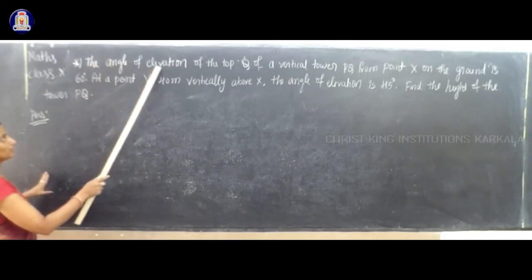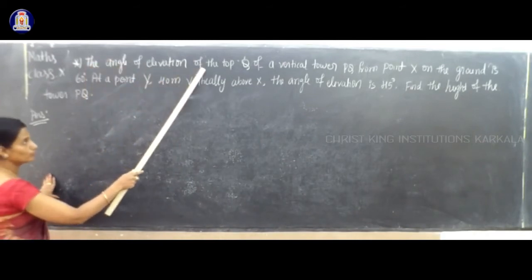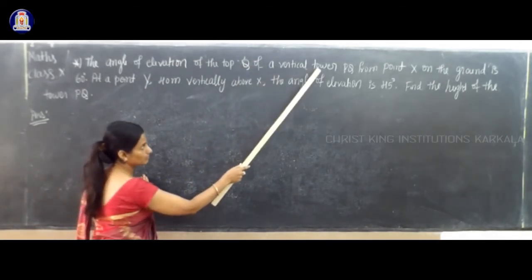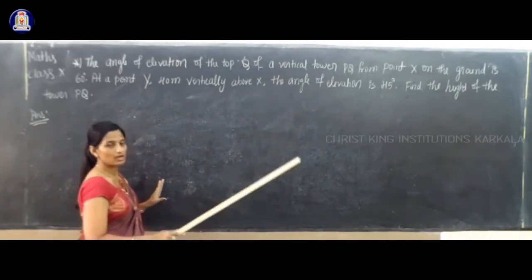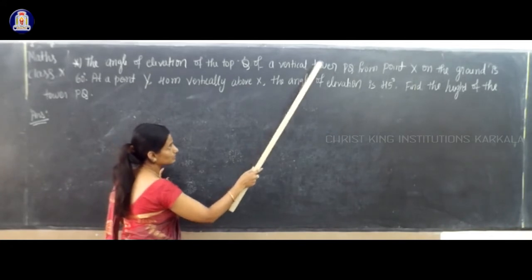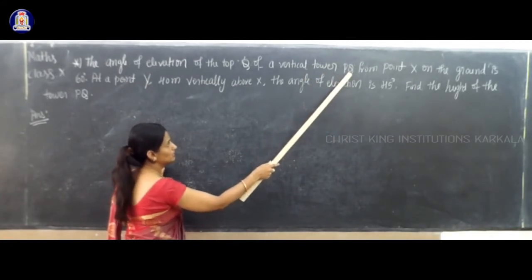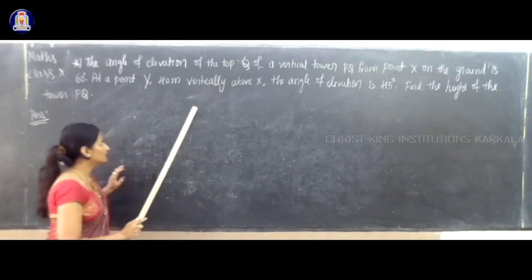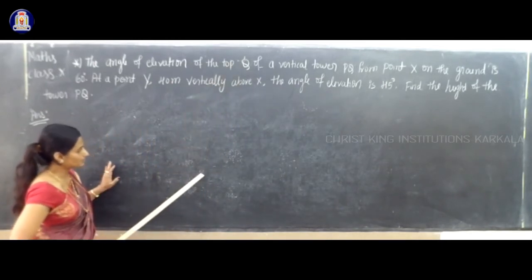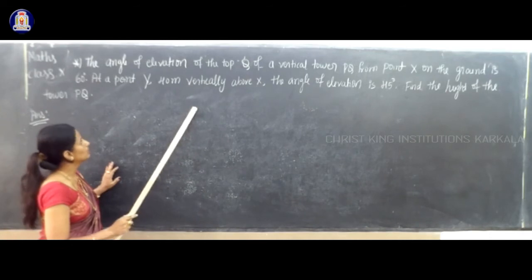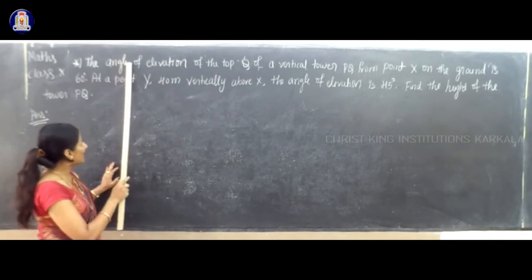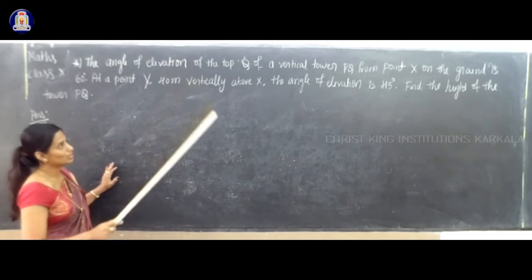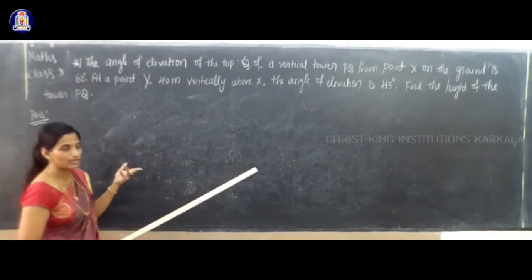The angle of elevation of the top Q of a vertical tower PQ. So here is tower PQ and Q is the top of the tower. To this the angle of elevation, from where?